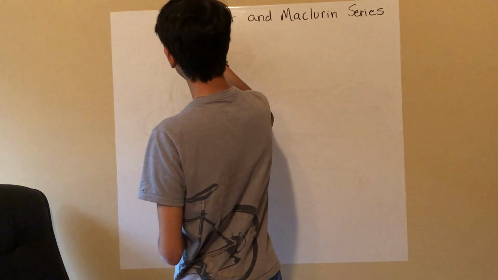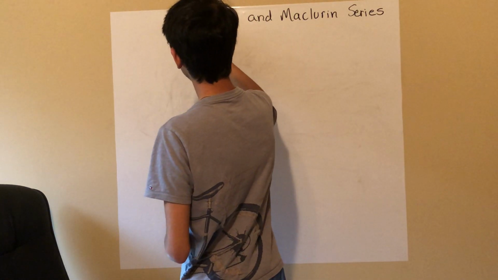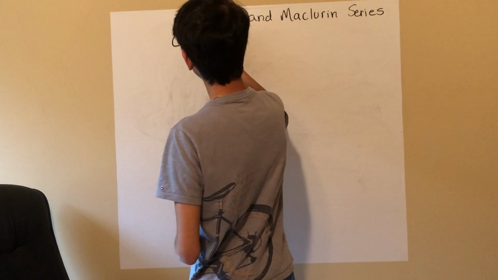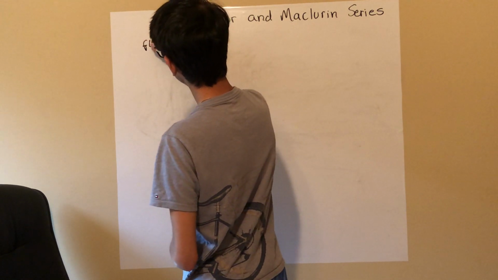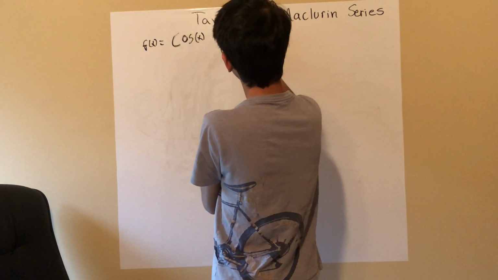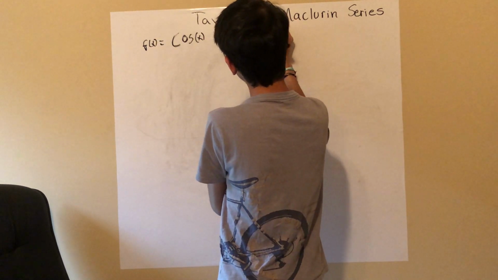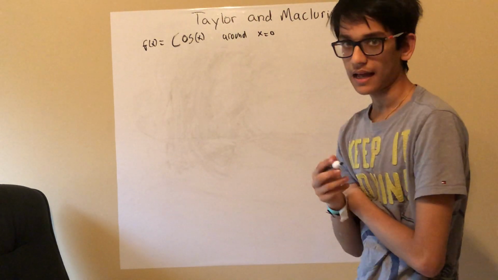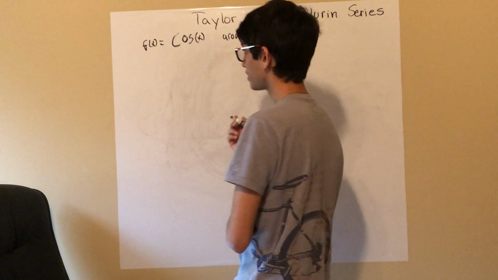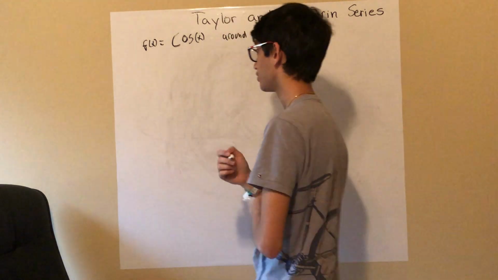And now let's move on to cos of x around x equals 0 again. As always, my advice is the same. We first write down the definition of a Taylor series.